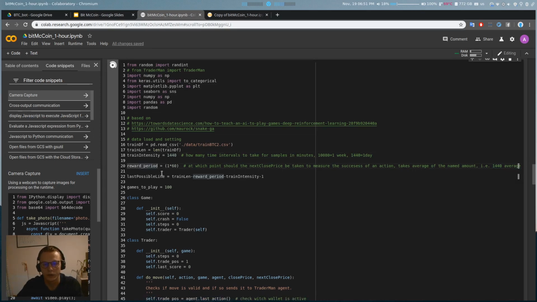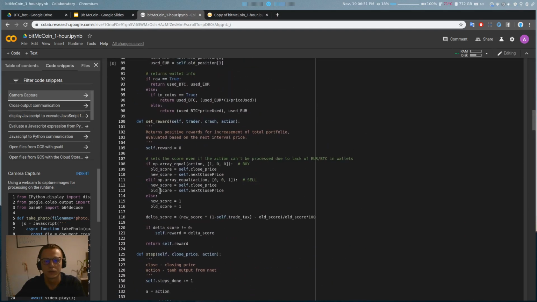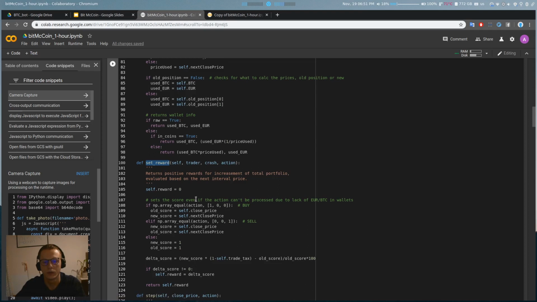Now, reward period, as you can see in the name, it's Bitcoin 1 hour. So I wanted to test 1 hour model as well. If you remember correctly, with the reward function, we need a next close price. So this is where that next close price is coming from.